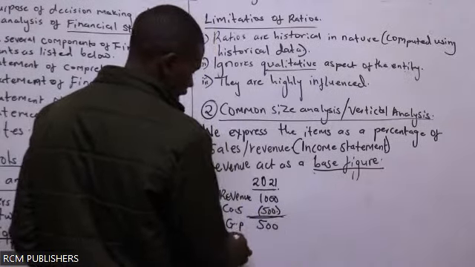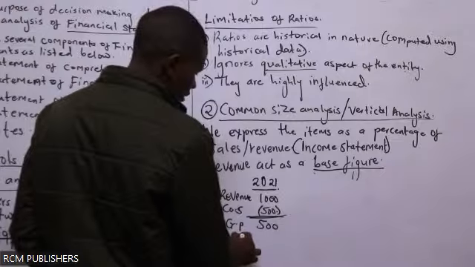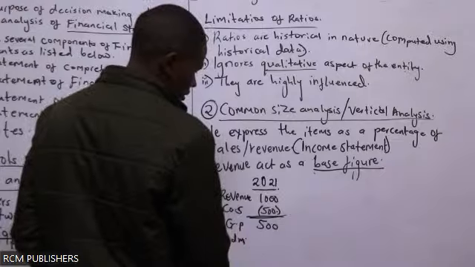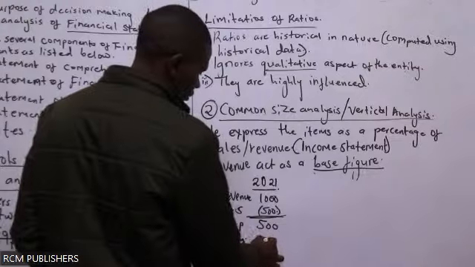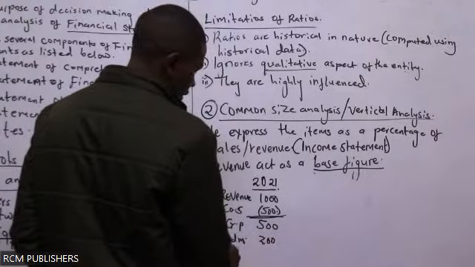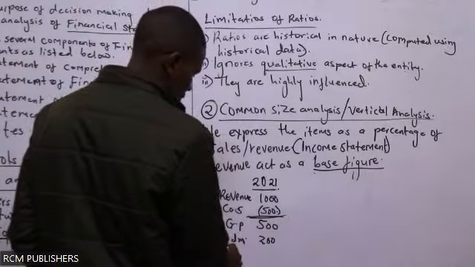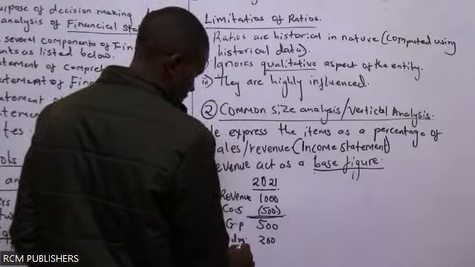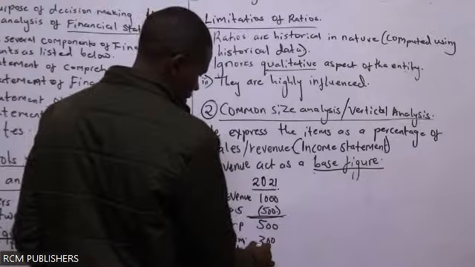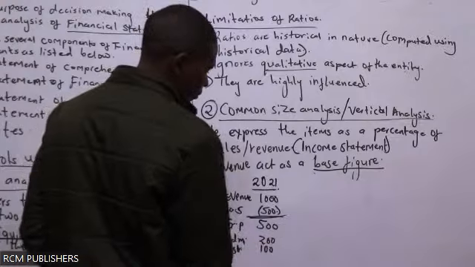You can also be having admin expense over 200. Any other item, maybe distribution cost, I can have 100. Let us stop there.